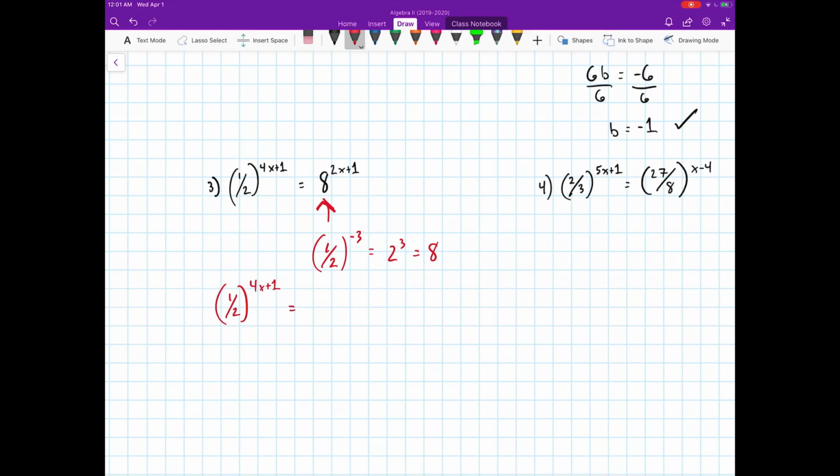So that's going to be equal to 1/2, right, to the negative third power, and all of that to the 2x plus 1. All right, simplify this a little bit, and you get 1/2 to the 4x plus 1 is equal to 1/2 to the negative 3 times both of these, so negative 6x minus 3.